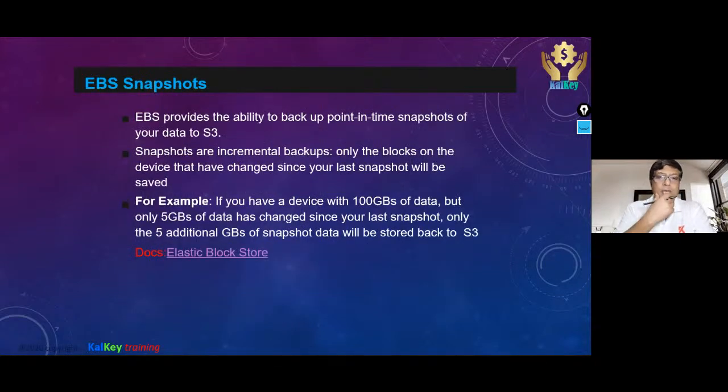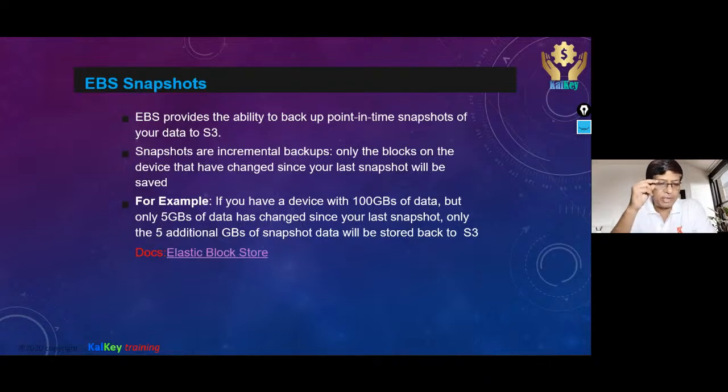EBS snapshots. EBS provides the ability to back up point-in-time snapshots of your data to S3. Now, you can take a snapshot, but this particular thing is a cost part. As I told you, there are a few services which are not in the free tier from the very beginning, like EBS snapshots.